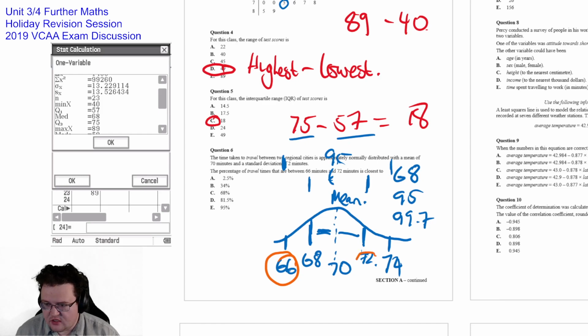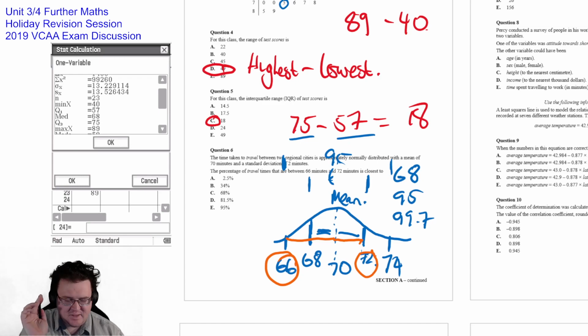That's not a full amount of standard deviations. That means it wants from here to here plus that little bit there. Now, because of that, we don't need to do any further calculations. We don't need to work it because we can automatically cross out a whole bunch.